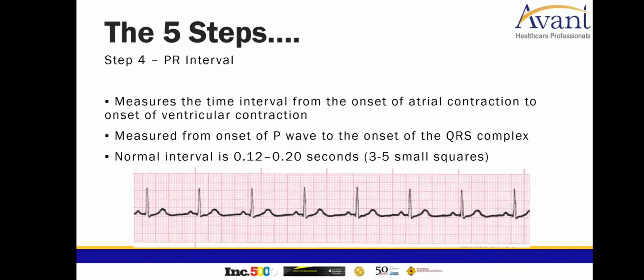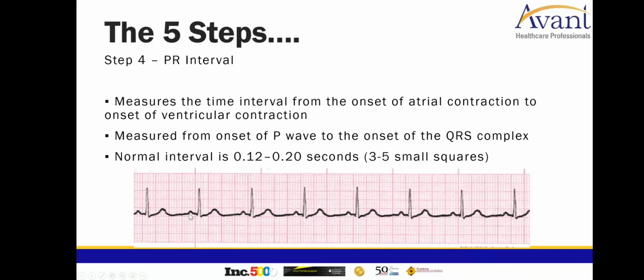Number 4, we're going to look at our PR interval. Do you remember what the PR interval represents? It measures the time interval between the onset of the atrial contraction and the onset of ventricular contraction. Remember that our normal is 0.12 to 0.20 seconds. Let's take a look at this one right here because it's a little bit easier to see.